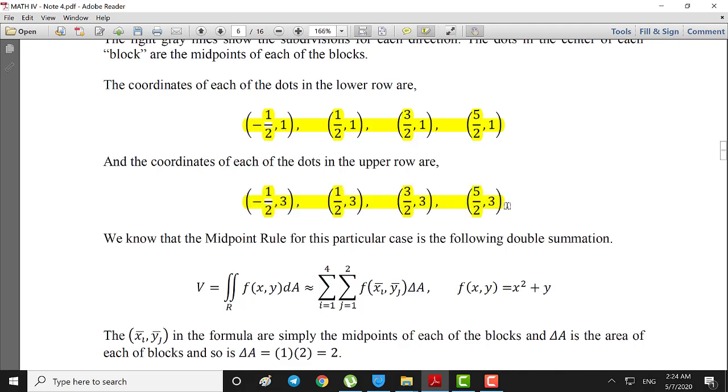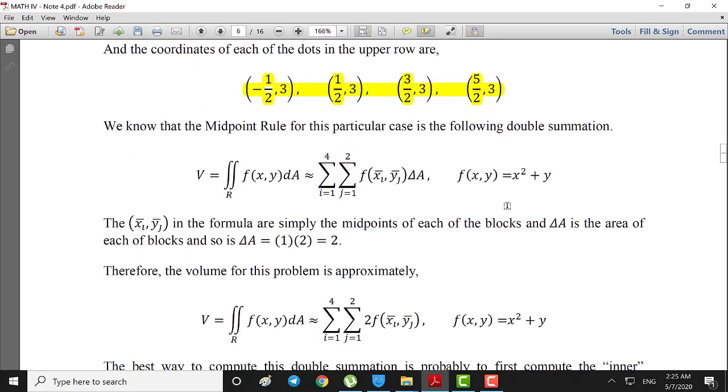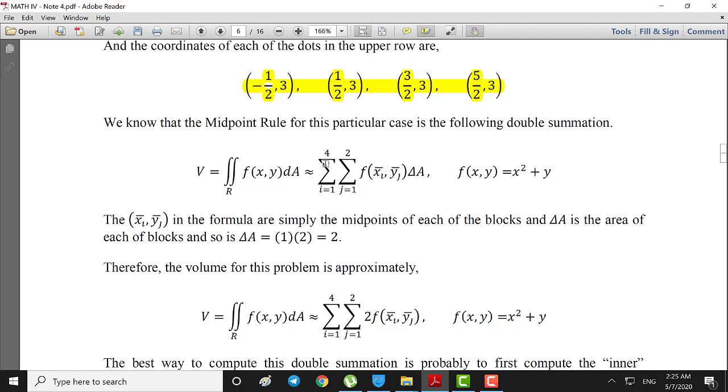Now, in order to estimate the volume under the surface, we have to just calculate the value of this double sigma. Now, this xi bar and yj bar in the formula are simply the midpoints of each of the blocks, and dA is the area of each of the blocks.